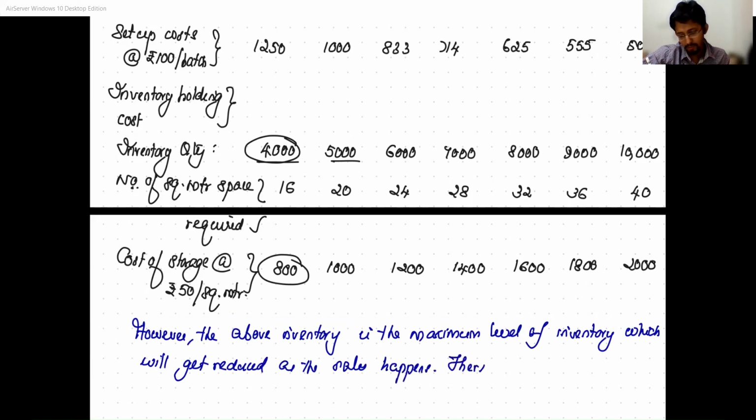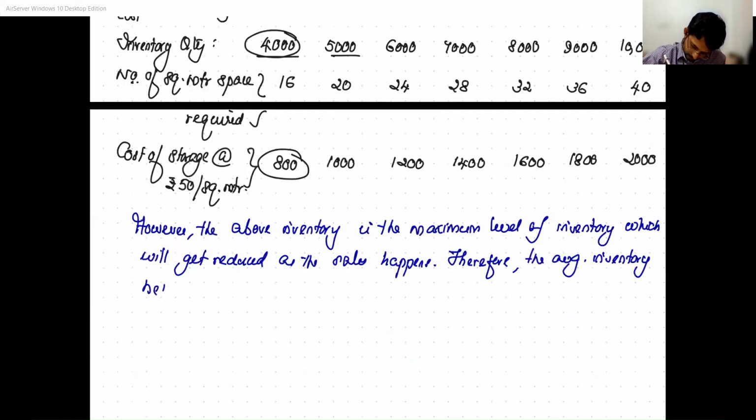Therefore, the average inventory held will be half of EBQ.